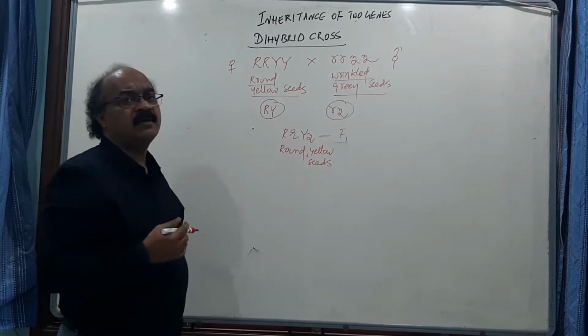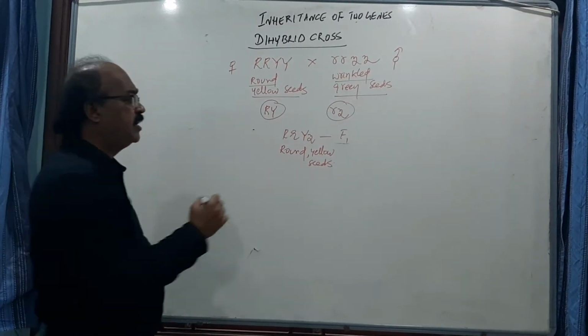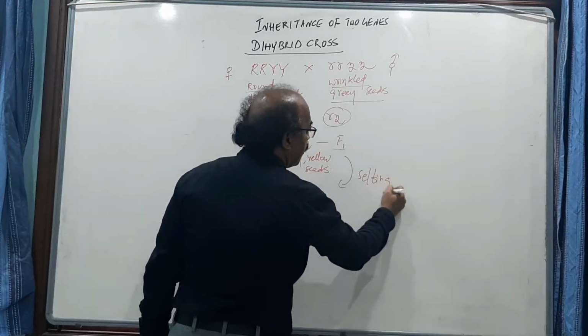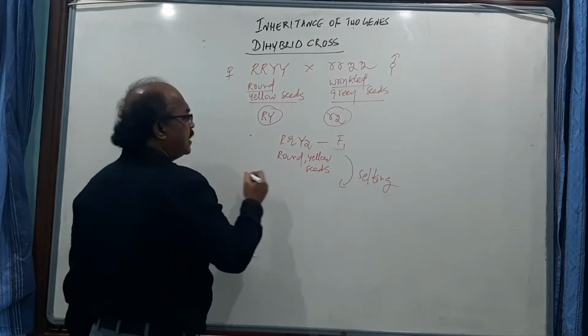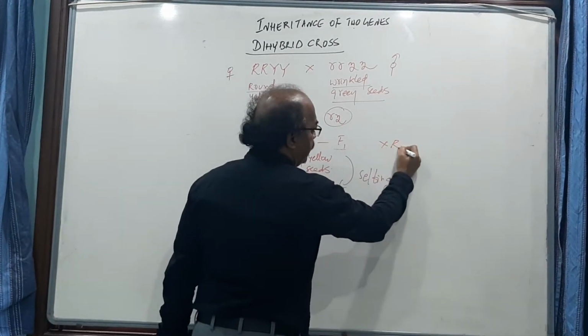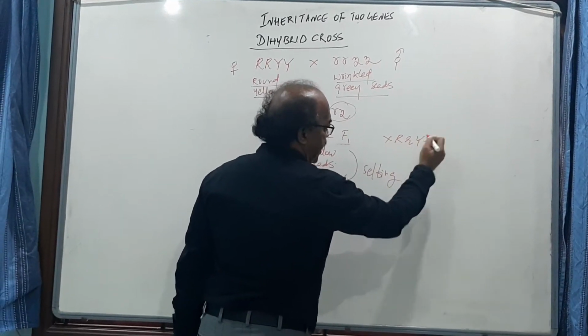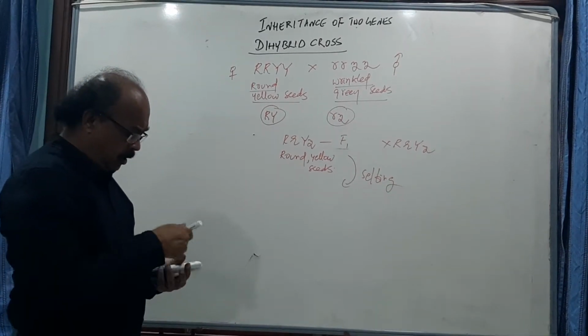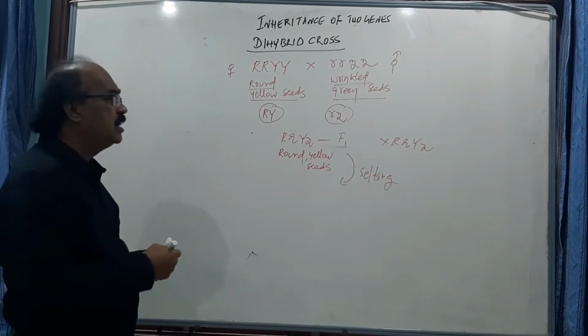On selfing, we are getting the F2 generation. So you are making a cross with capital R, capital Y, small r, small y. How many types of gametes are you getting here?